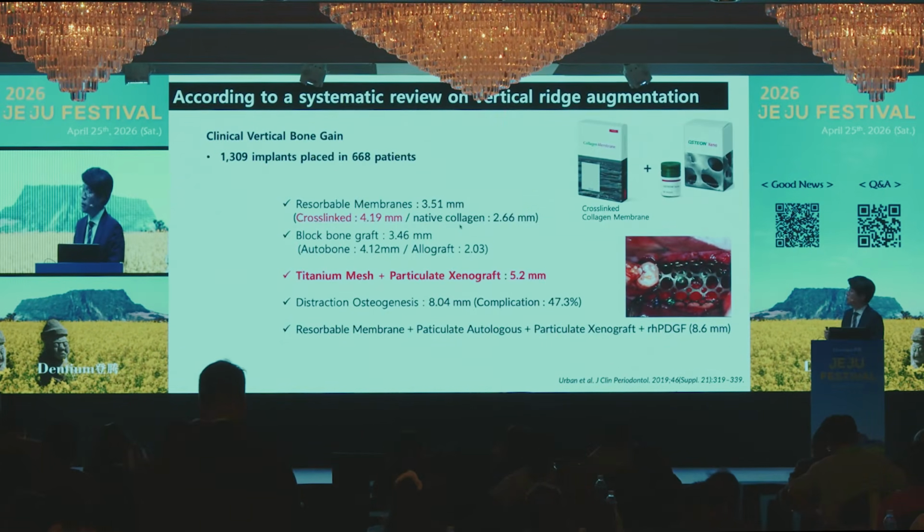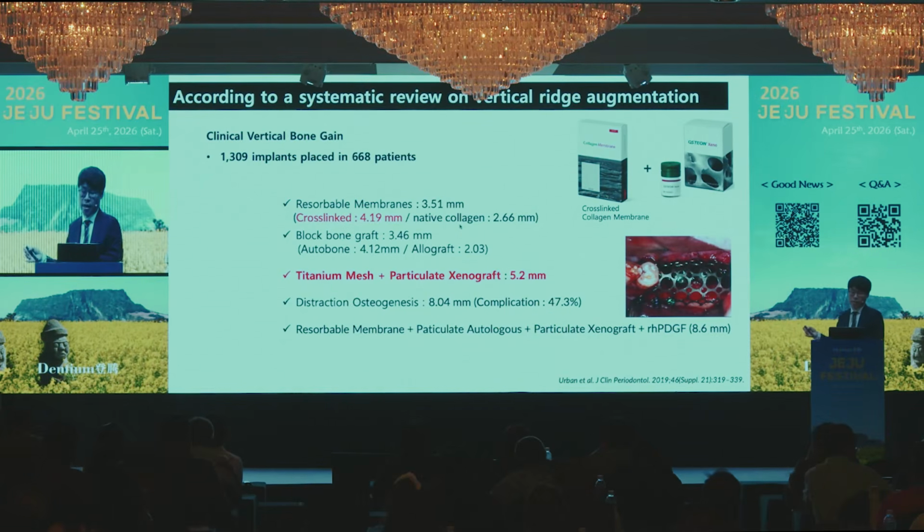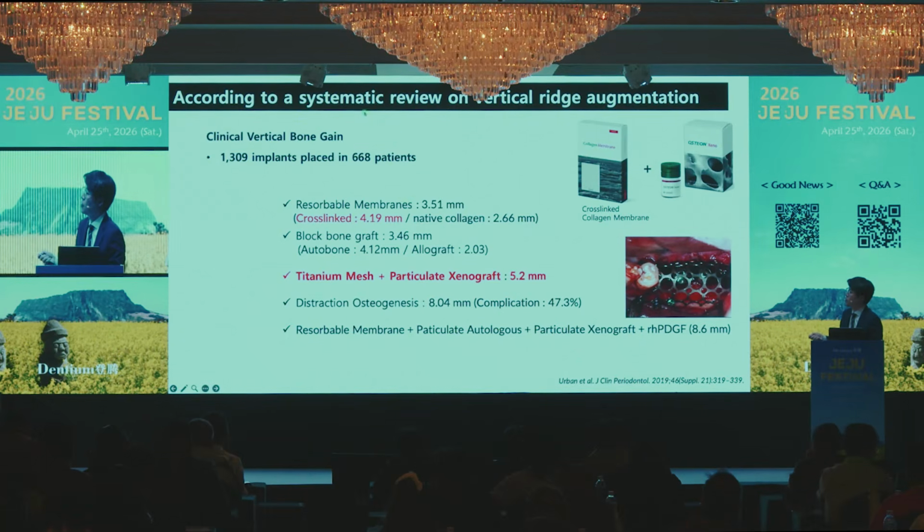And if you look at the systematic review about vertical ridge augmentation by Dr. Urban in 2019, they compared the various techniques and materials. With a resorbable membrane and particulated bone, we can get about 4 millimeters of vertical gain. But with titanium mesh, we can get more than 5 millimeters.